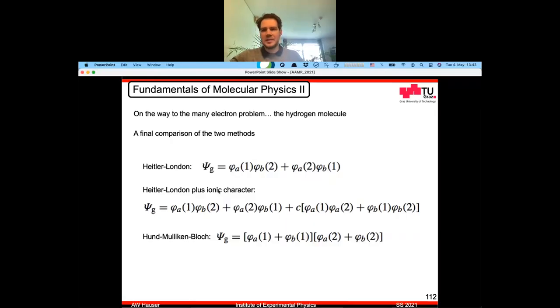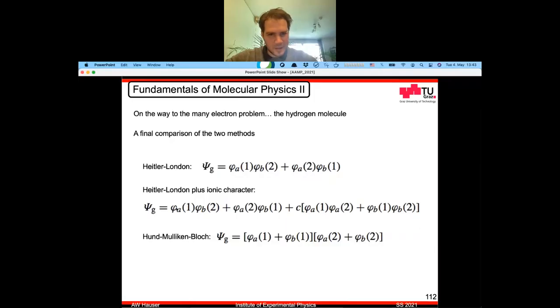I call it ionic because this would mean it is an electronic configuration where both electrons are more likely to be found on one position than on the other. Then this would be negatively charged and the other proton would be basically naked, no electron around it, so it would be a positive charge there, and then it would have a strong ionic character, right? So I can say, well, in principle, I can also write my psi gerade, my 2-electron wave function for this system, as a linear combination of both of these, of the neutral and the ionic description.